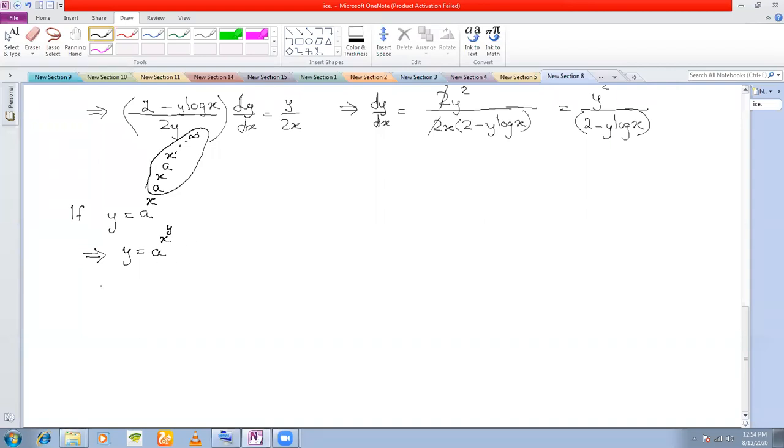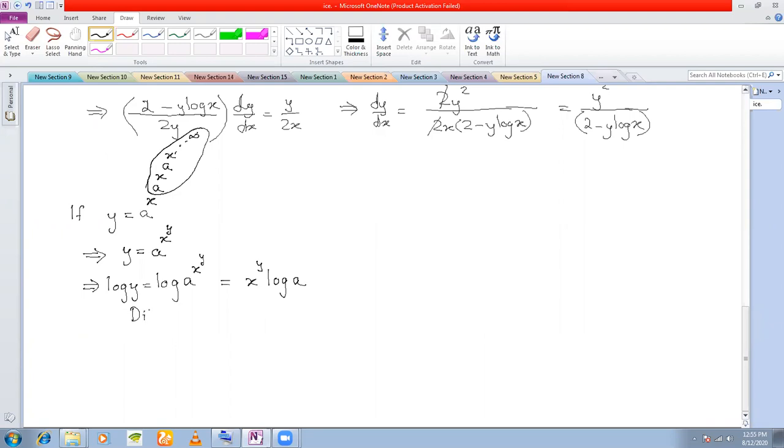So now I'll take logs on both sides. log y is equal to log of e to the power of x, whole to the power of y, which is equal to x to the power of y log e, right?